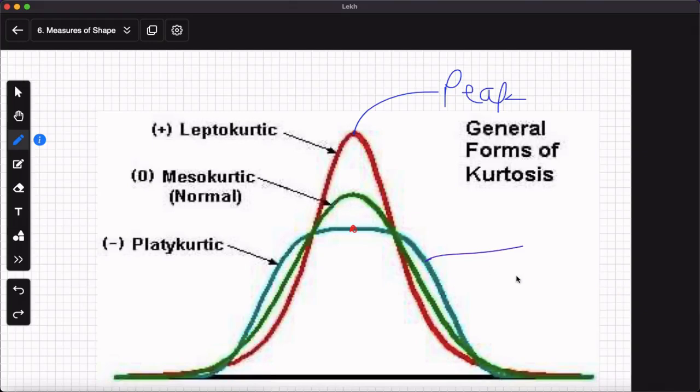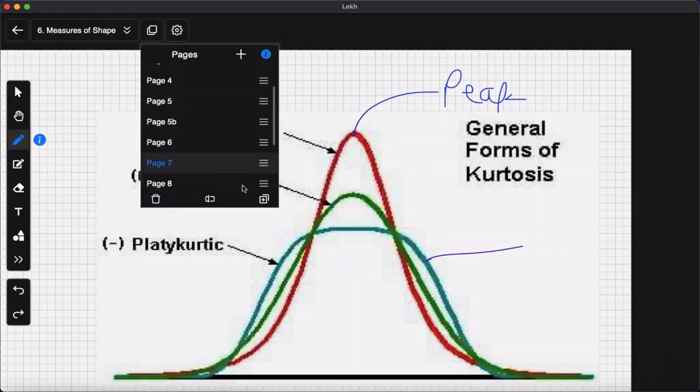As I said, a platykurtic distribution has a lower peak and lighter tails than those of a normal distribution. Then a mesokurtic distribution actually has a peak and tails that are very close to those of the normal distribution.